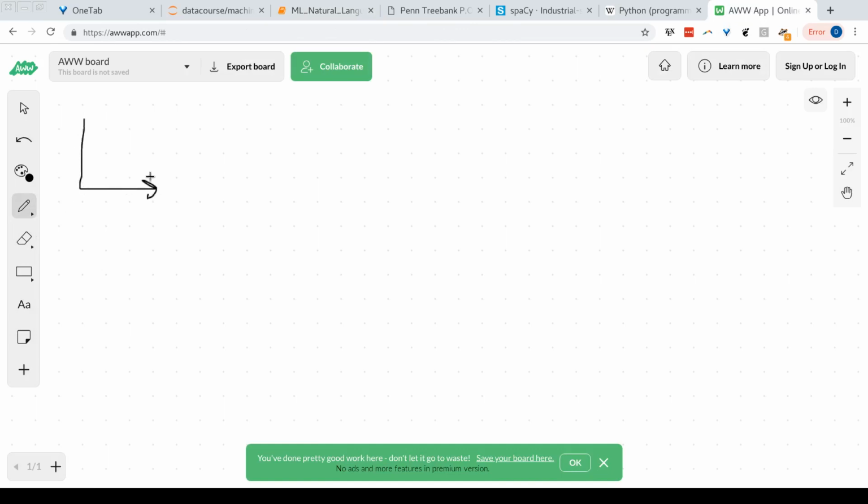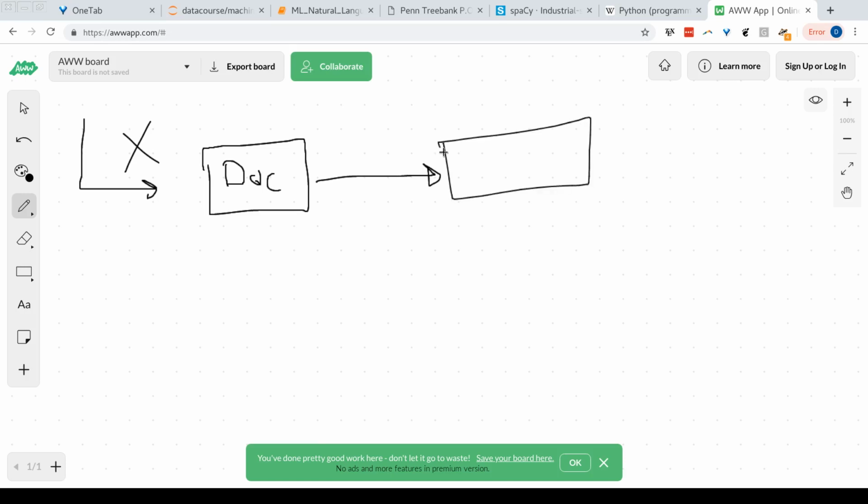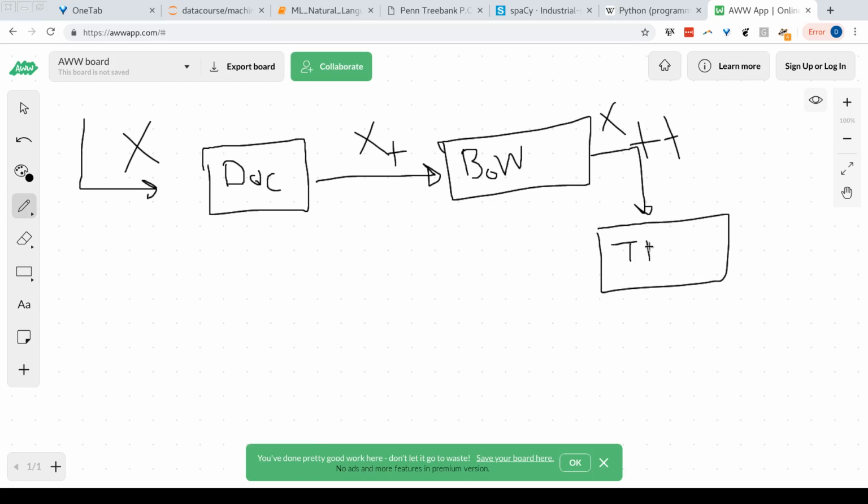Here's our workflow. We have our data. We have our spaCy step where we take our text and generate documents. I'm just going to call this D for generating the documents, D for doc. Then here is the bag of words model, BOW, X of T, I'm going to call this X of double T. Then here is our TF-IDF.